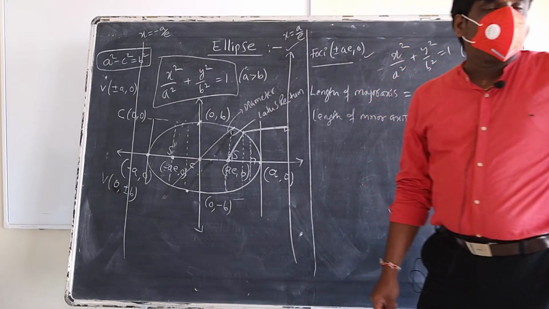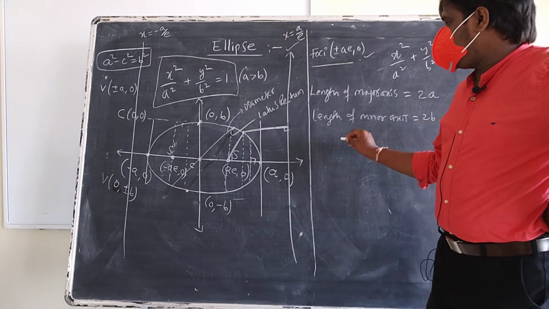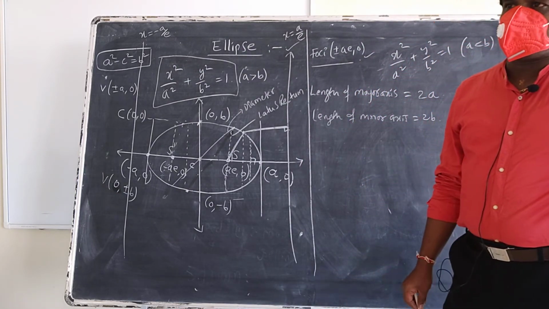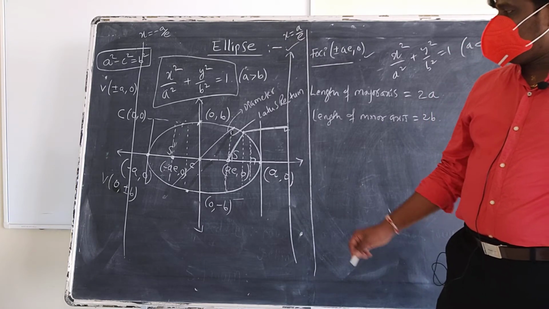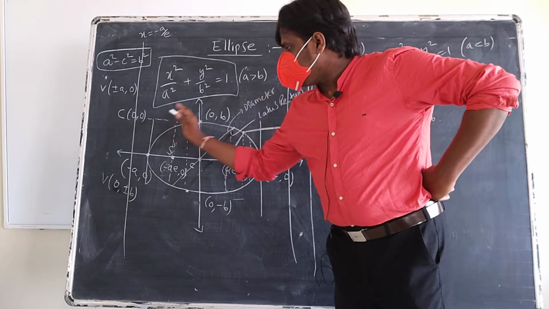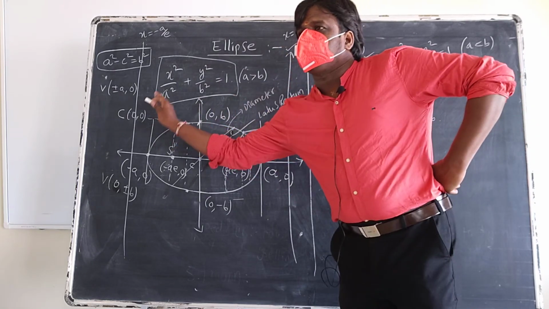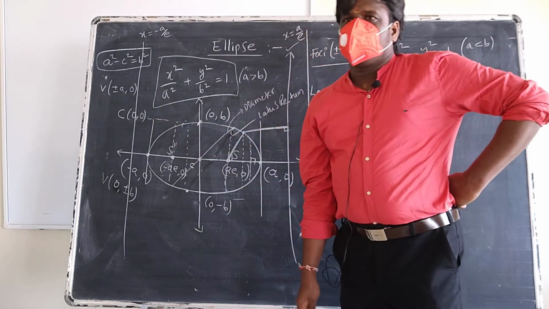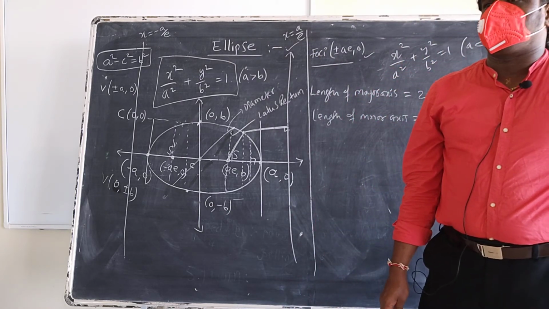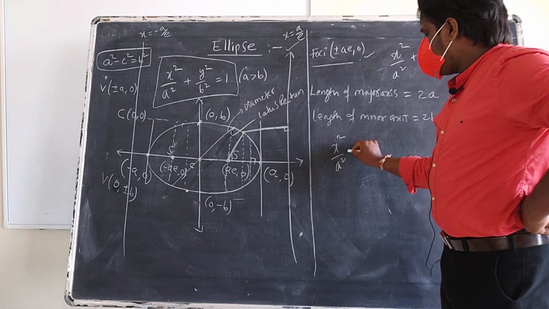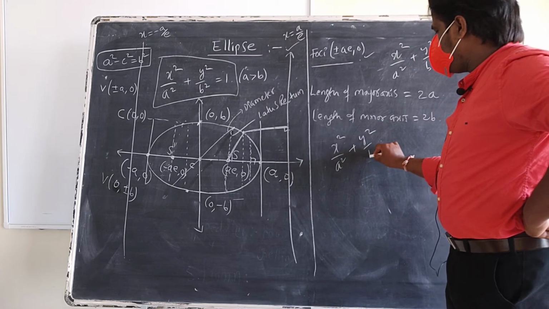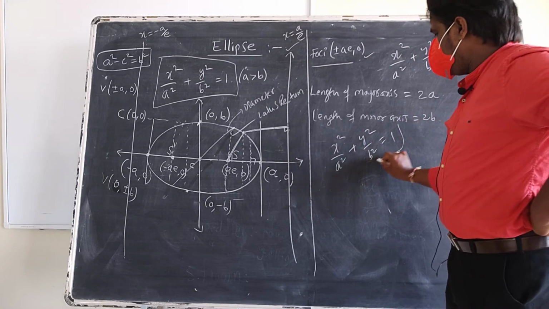Okay, understood? Why? You know, the ellipse is symmetric about the x-axis. The ellipse is symmetric about the y-axis. That is the reason you can see the whole thing in the image. Correct? It is symmetric about the x-axis and symmetric about the y-axis. Any curve x square by a square plus y square by b square is equal to 1 is an ellipse.